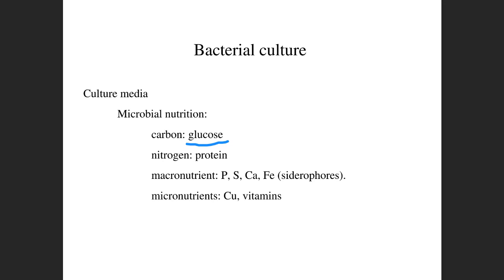Okay, majority. You will notice I always say majority. I don't say all, because you can find exceptions where microbes don't use glucose. I'm sure you can find it. So it's safer to always say glucose is the most common carbon source.